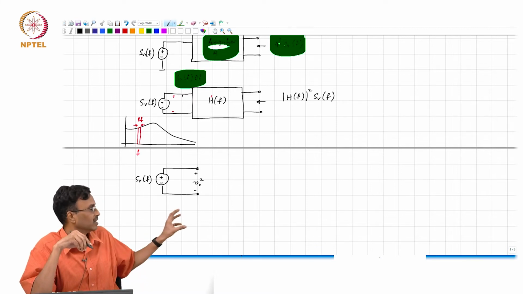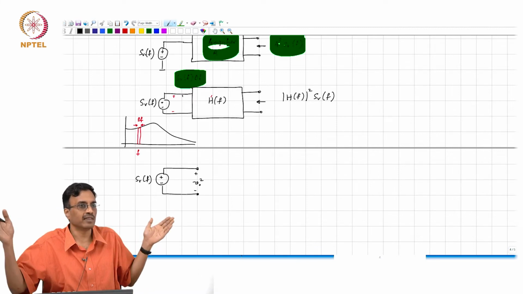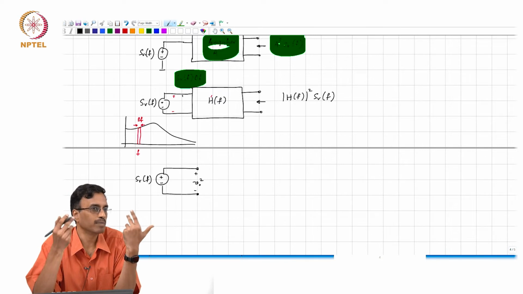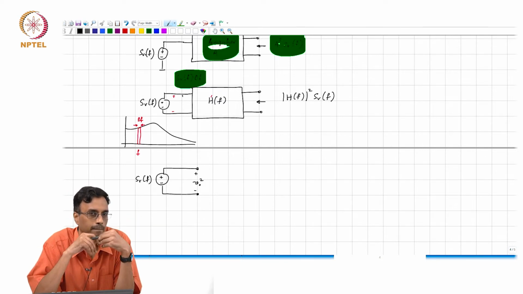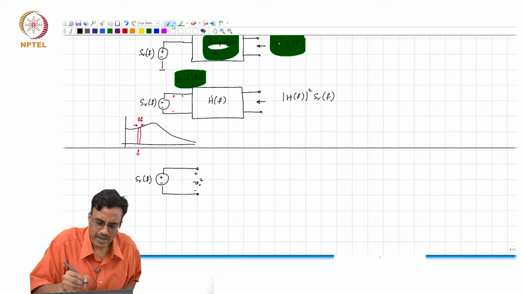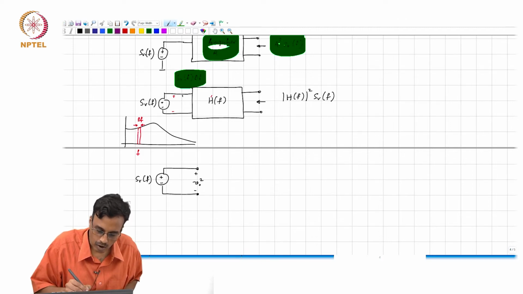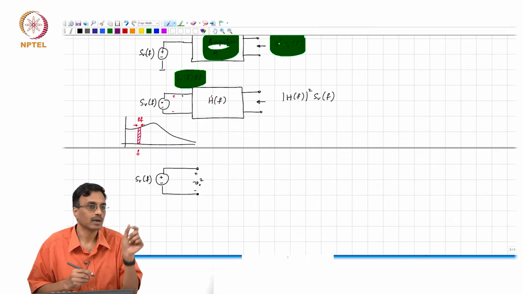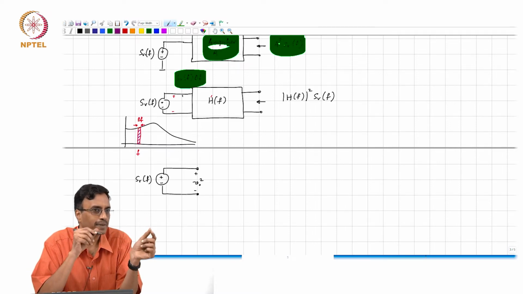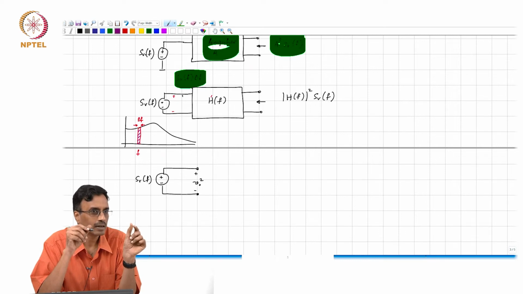In other words, if I put a filter there whose bandwidth is infinite, what do you expect the mean square noise to be? Well, remember that the mean square noise, if you put a band pass filter of bandwidth 1 hertz or delta f hertz, is SV of f times delta f, correct?